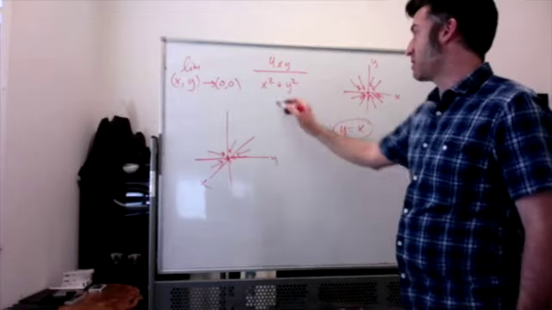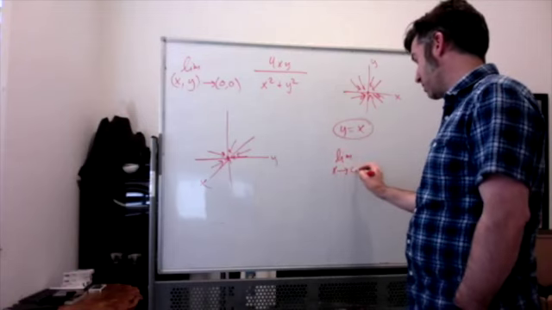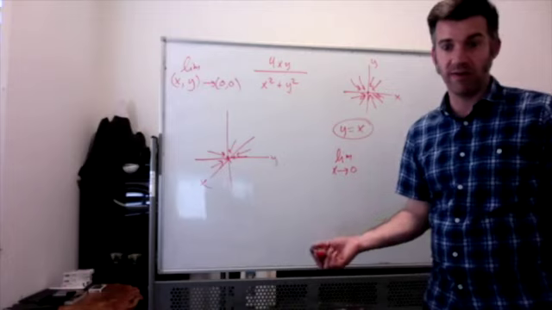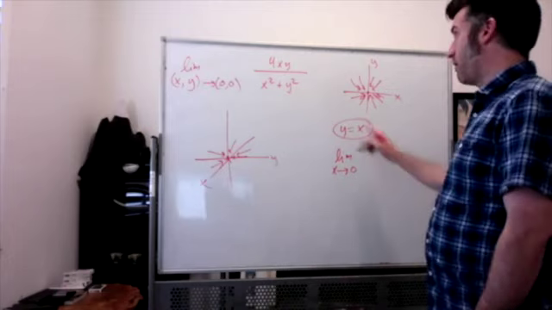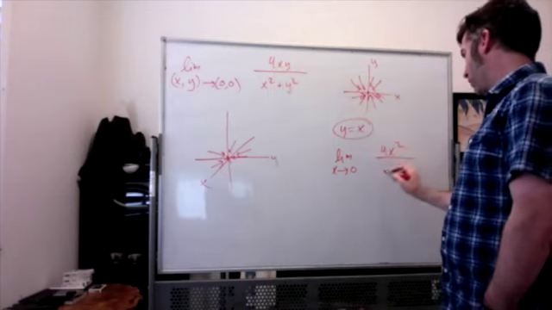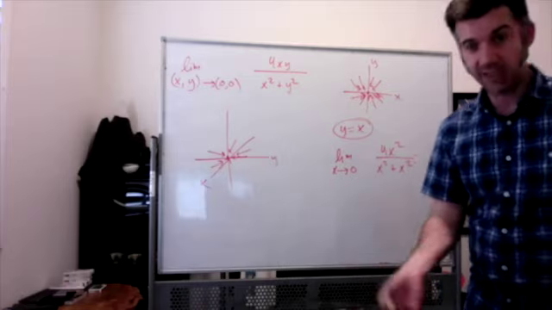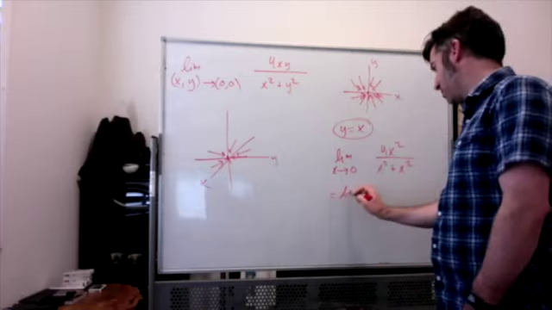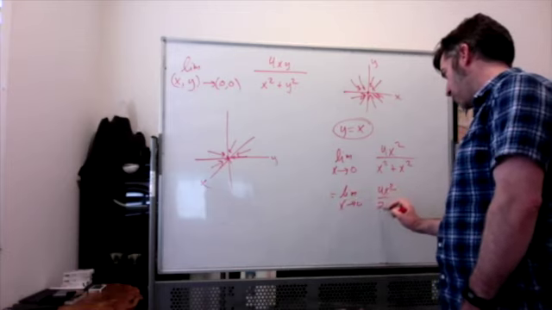So this is going to make this limit become the limit as just x approaches 0. Because if x is approaching 0 and y is equal to x, then y is also approaching 0. And I'm going to have 4 times x over x squared plus x squared. We'll check this out. This simplifies. This is going to be the limit as x goes to 0 of 4x squared over 2x squared.